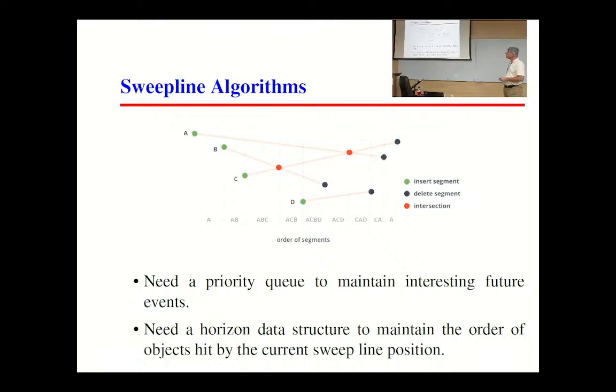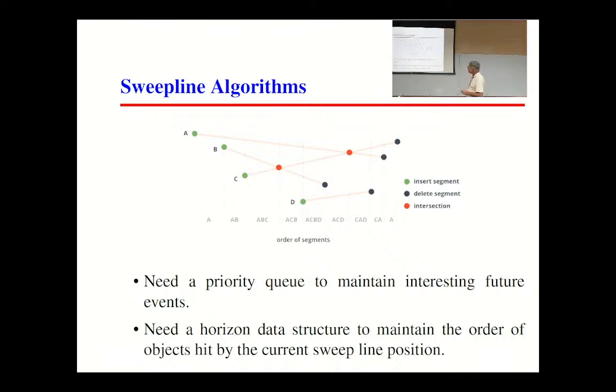The other data structure that you're going to need to keep track of is something I call a horizon data structure. It's going to maintain the order of the things we have by the y coordinate, as they intersect our sweep line. If you look at this particular illustration, from here to here we hit nothing.